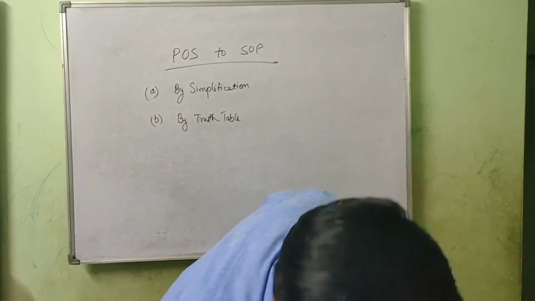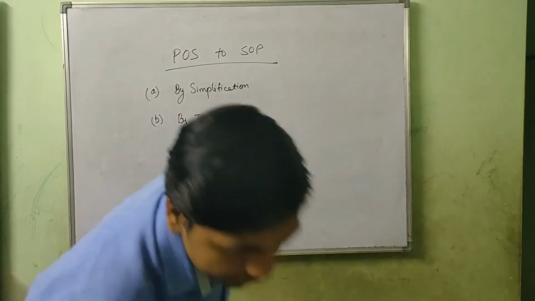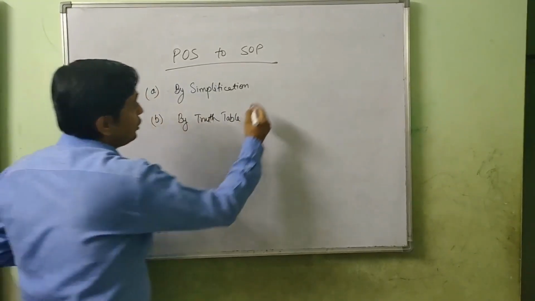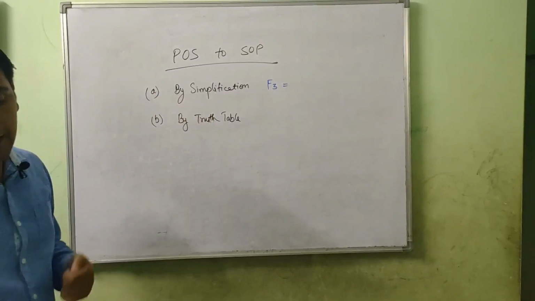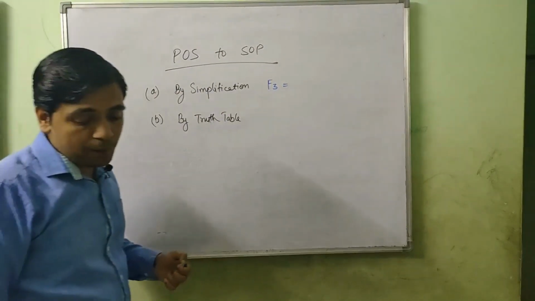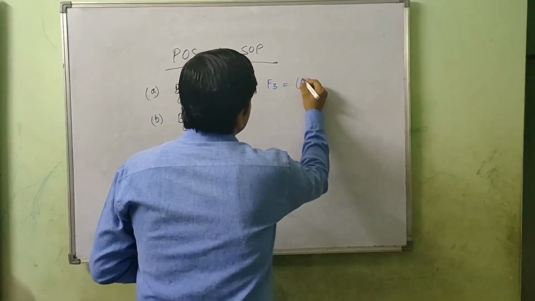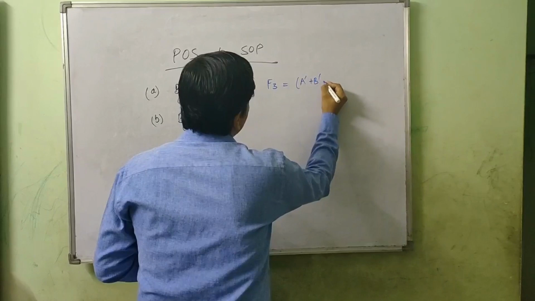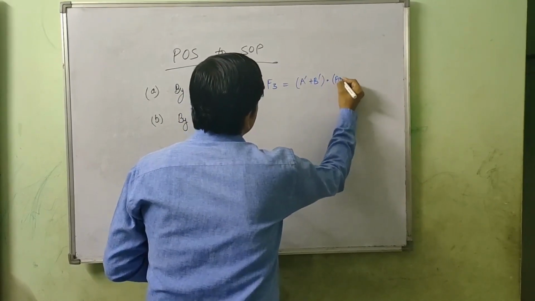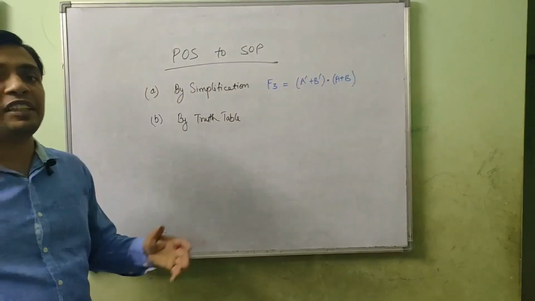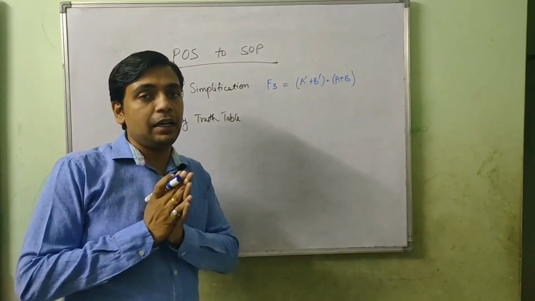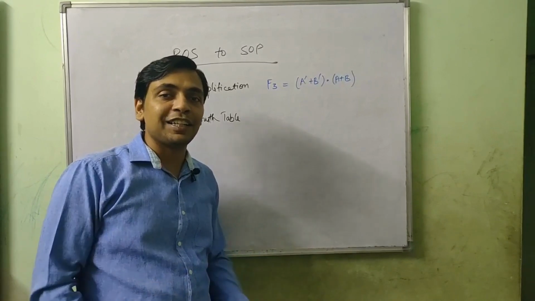So I have already chosen one function. This is the third function that we are dealing with. The function is (a complement plus b complement) and (a plus b). I told you we will do it with a simple technique, and that is simplification itself.